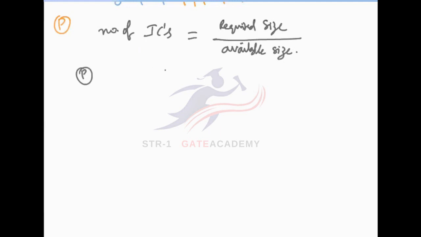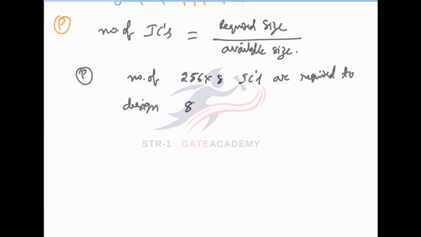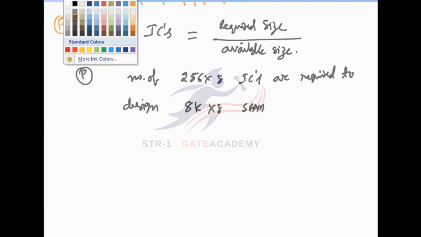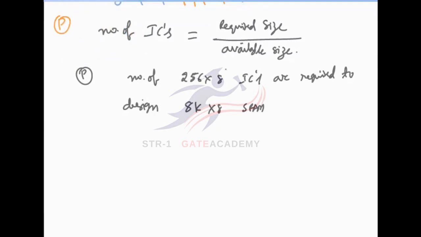That example is number of 256 by 8 ICs are required to design 8 kilo by 8 SRAM. See, this is our question now. To design 8 kilo by 8 SRAM purpose, how many number of these ICs are required?